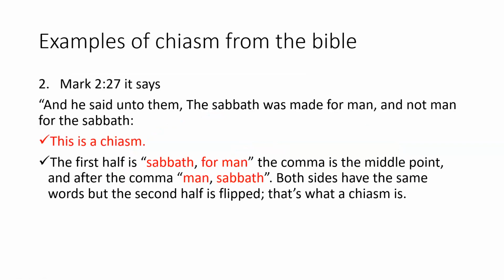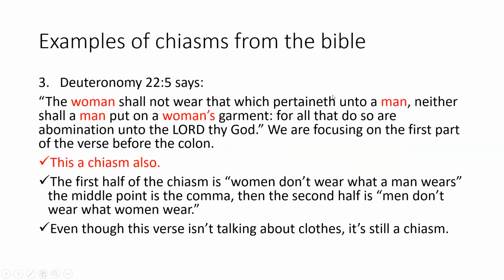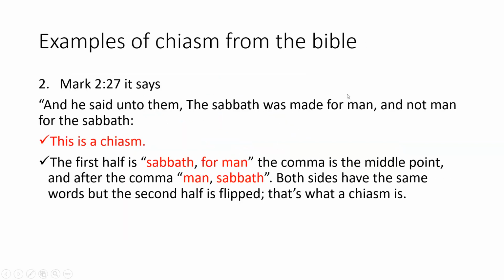So examples of chiasm from the Bible, we have taken that one. Now the second one is Mark 2 verse 27, about the Sabbath, the one that Emma mentioned before. And he said unto them, the Sabbath was made for men, and not men for the Sabbath.